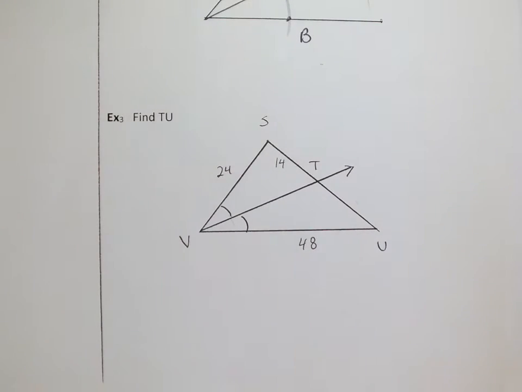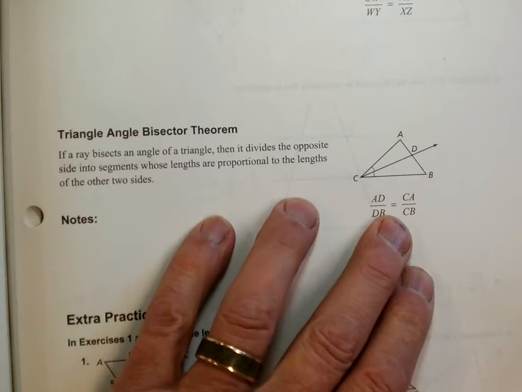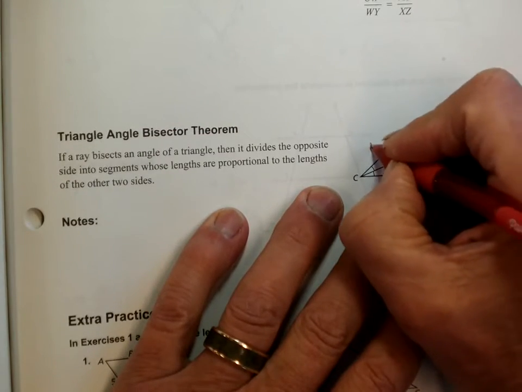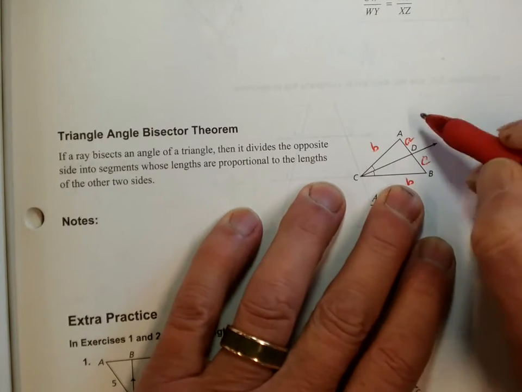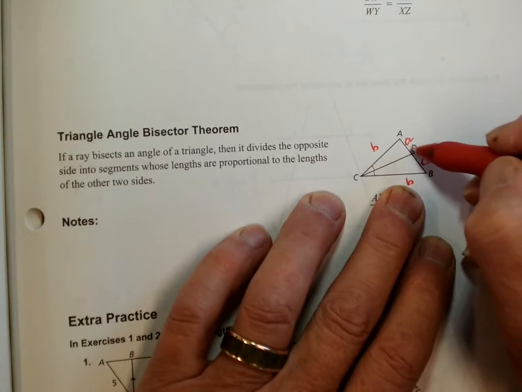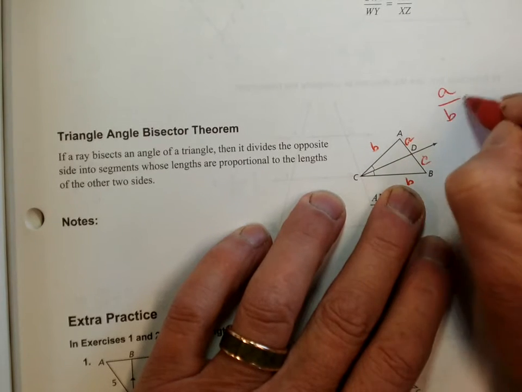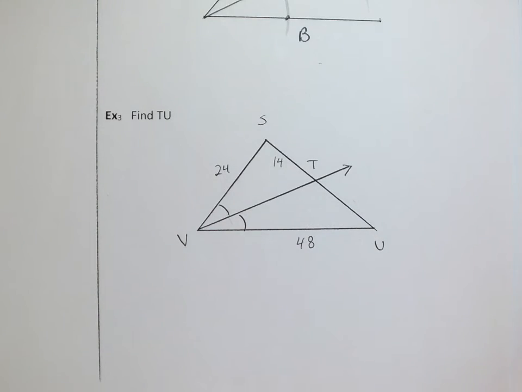So what does this theorem say? Let's check it out. This theorem says that if you have a triangle bisector, let's give ourselves A, B, C, D. It's going to say this piece over this side is equal to this piece over this side. So on my drawing above, I could have drawn a triangle.